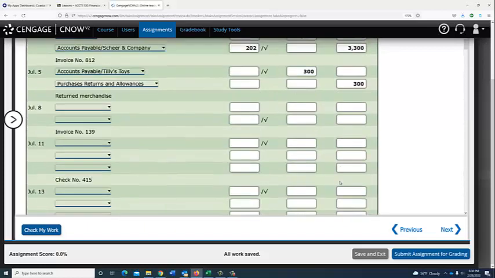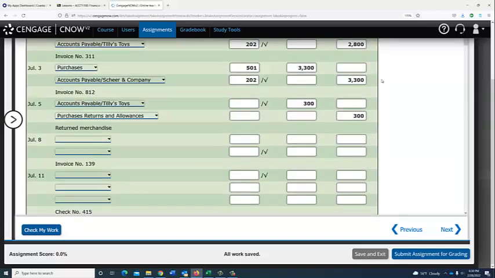So we'll put our posting references in here. That's 202, and then purchase returns and allowances is 501.1. If purchases is 501 and purchase returns and allowances is a contra account, we'll put 0.1 after it.